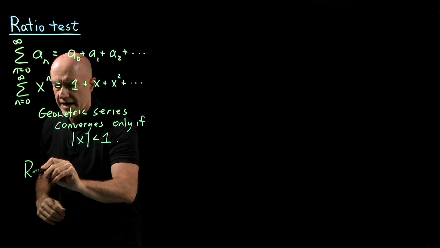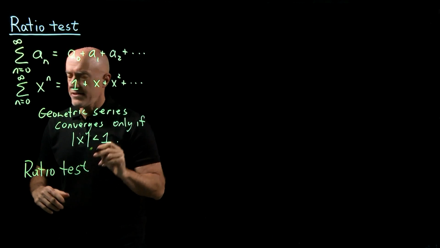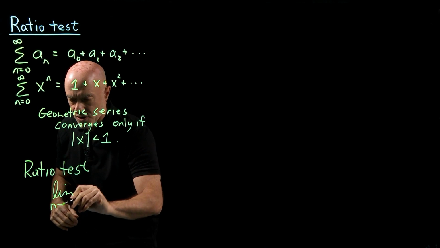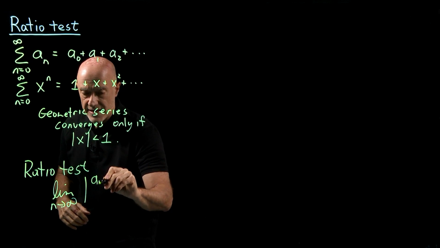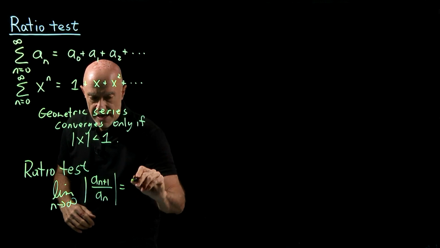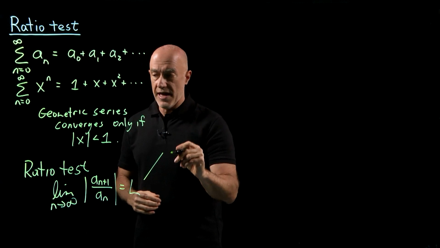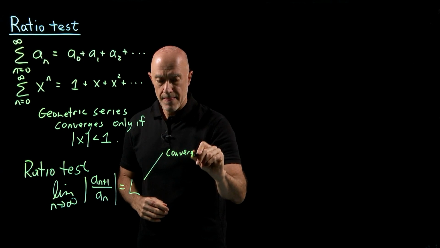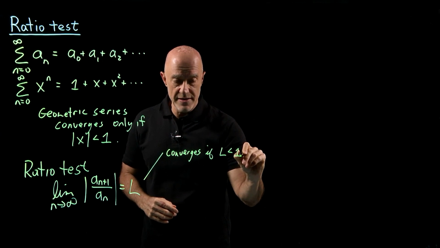So the ratio test says that if the limit as n goes to infinity of the absolute value of a sub n plus 1 over a sub n equals L, then we get the result that the series converges if L is smaller than 1.